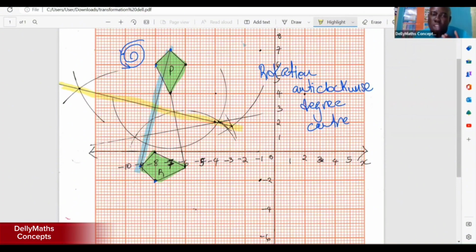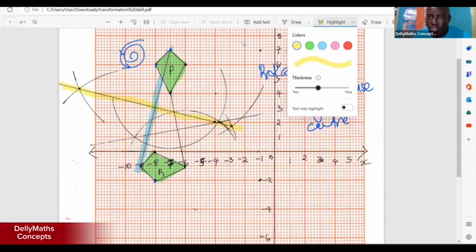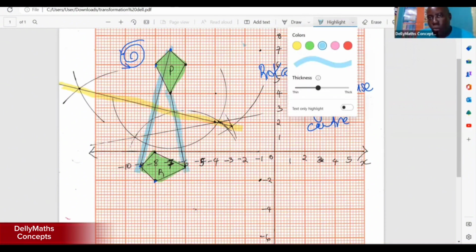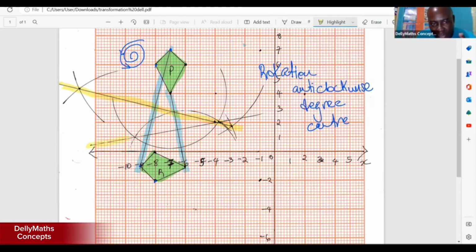And then you connect another pair of corresponding points, for example, this with a straight line. Bisect that again. Wherever the two bisecting lines intersect each other, that is the center of your rotation. And you do notice that they cross paths right here.